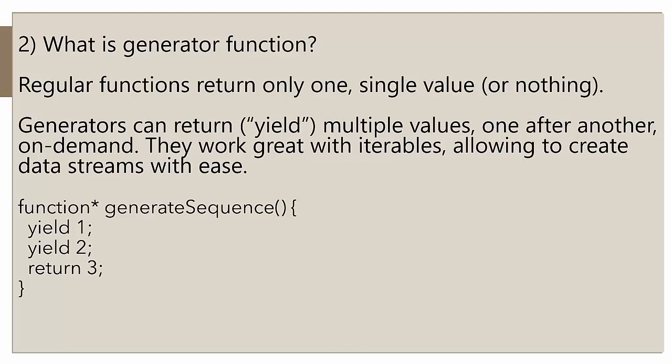And within the braces, you put yield 1, yield 2, yield 3, yield 4, etc., and finally a return. If you want to understand more about generator functions, please check up more informative videos about it so that you will understand it better. But I am sticking to answering the interview questions, okay?